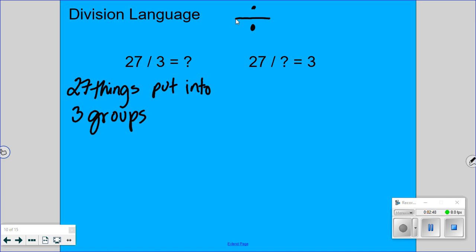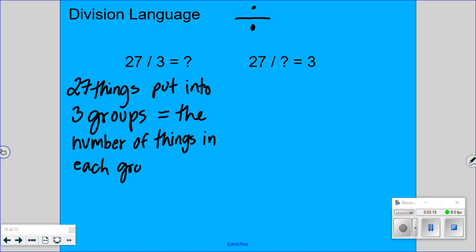Then we have our equal sign, which really is just talking about is worth or is means. I'll just leave the equal sign. We've talked about that. That question mark is talking about the number in each group. The number of things in each group.